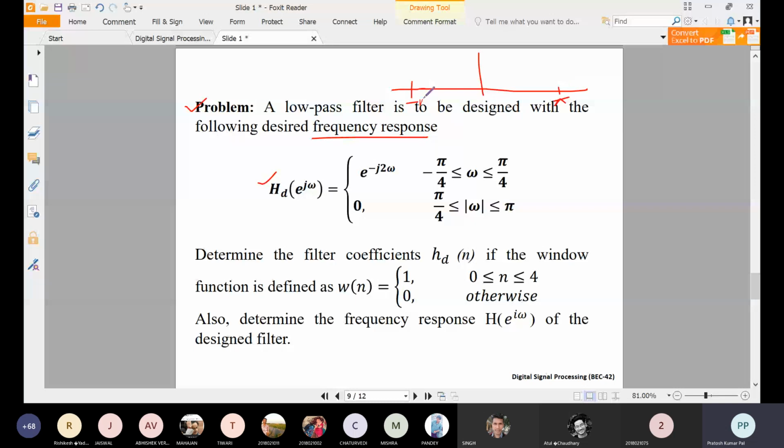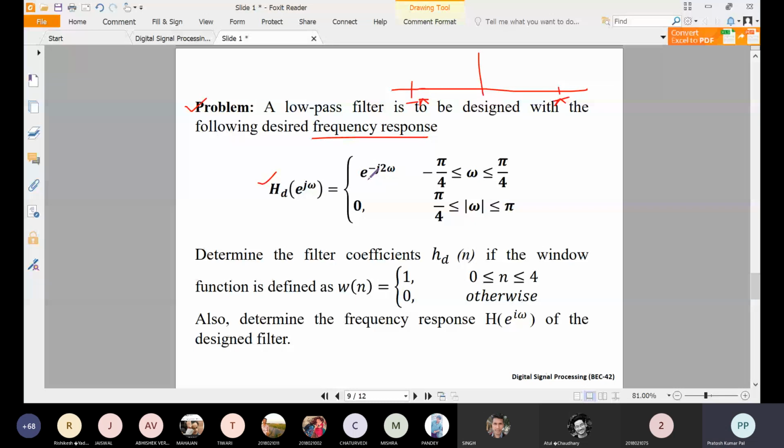But here omega is given as ranging from minus pi by 4 to pi by 4. It has a factor of e to the power j2 omega, so it is e to the power j2 omega. That is the phase that is given, so its magnitude will be 1. So 1 into something is given, that is a phase.